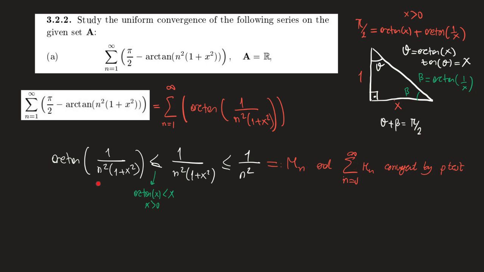And since this is also positive, because inside is always positive, by the M test, the whole series is then convergent. So by the Weierstrass M test, it is uniformly convergent.